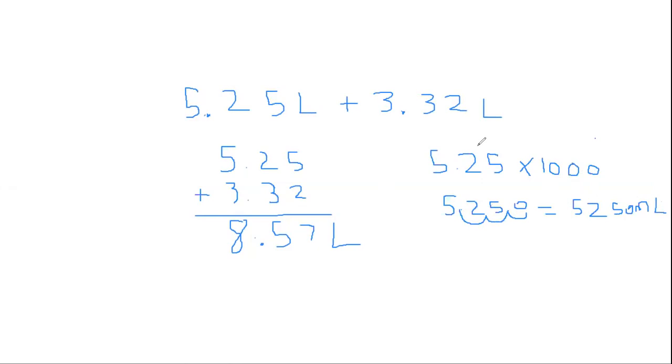Then I have 3.32. So I write down my 3.32, and I'm multiplying it by 1,000 as well, so I move my decimal point. Simple as that. I start here, 3.32.